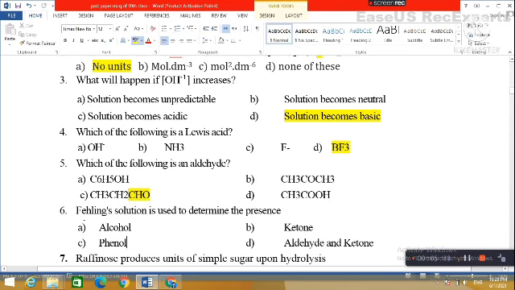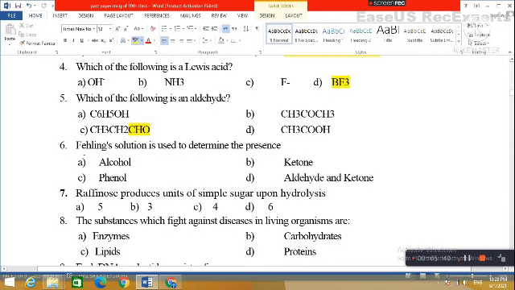Next, Fehling solution is used to determine the presence of which substance? Option A, alcohol. Option B, ketone. Option C, phenol. Option D, aldehyde and ketone. Fehling solutions are basically utilized for the confirmatory test of aldehyde and ketone both. Next, question number 7.